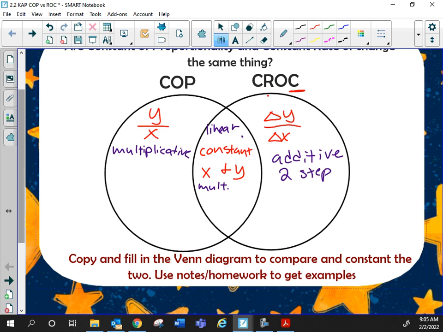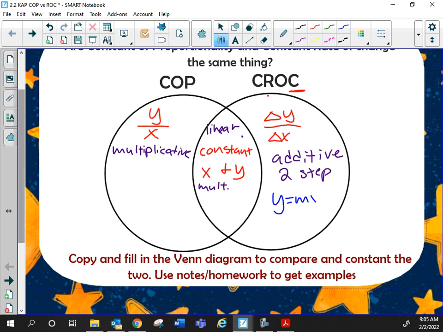Very good. Let's talk about the equations for each. Remember that parent equation, that template that we can put them into? What are those templates? The template for CROC would be Y equals MX. Y equals MX. Very good.